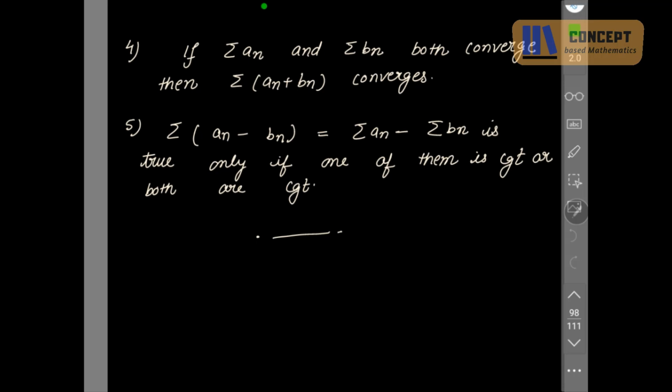Fifth, if we have summation of an minus bn, this will open as summation an minus summation bn only if one of them is convergent or both are convergent. If an is convergent, then bn must be divergent, or vice versa. So let's start with the theorem.